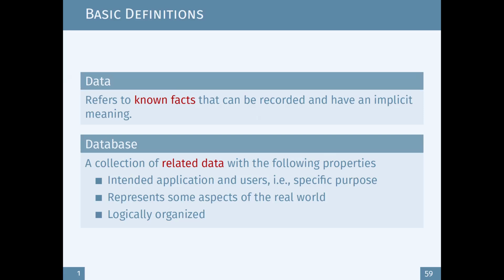Each and every one has different requirements from the database, and we build this for a specific purpose, right? So ideally, the software system that we create, or the data that we are going to store, will represent some aspect of the real world and the organization.